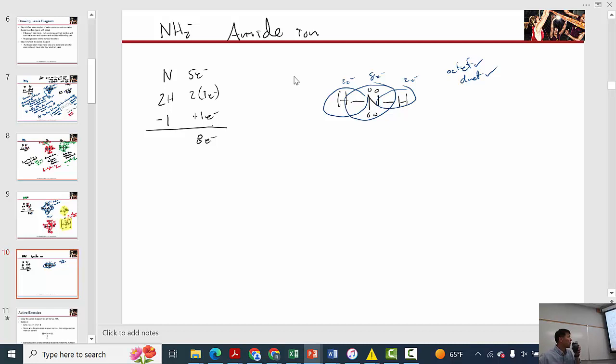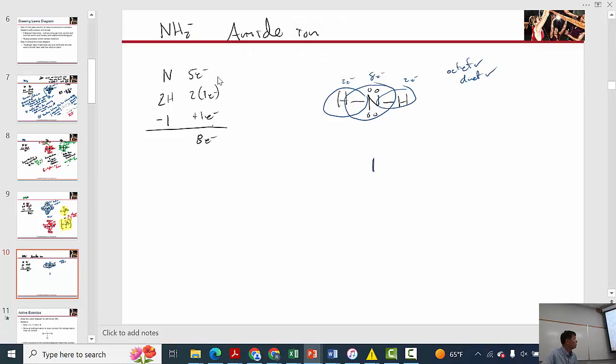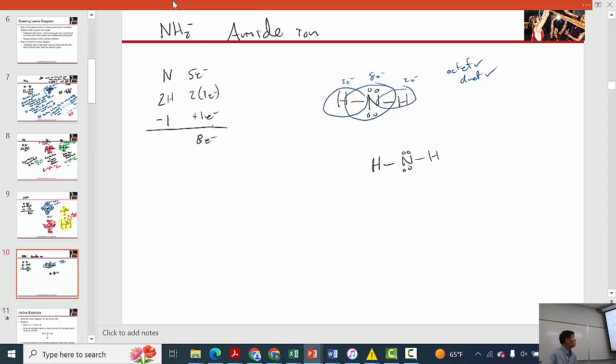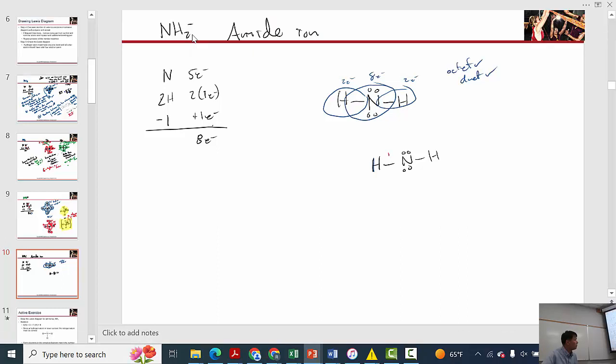All right, what's the next thing we do? We do formal charge. So when I do formal charge, I look at splitting the bonding electrons in half, like so.